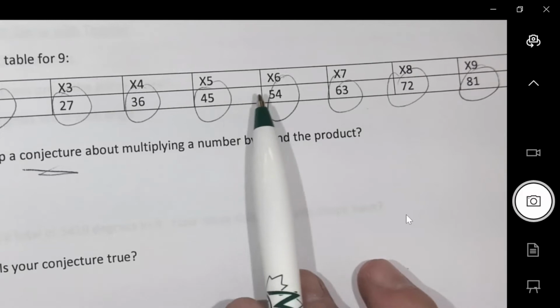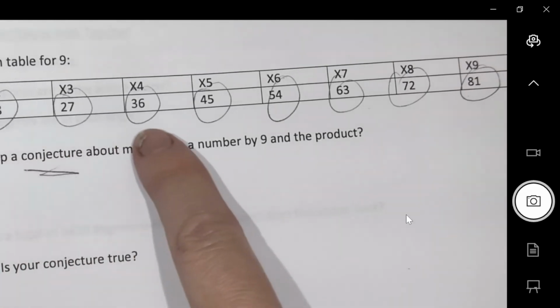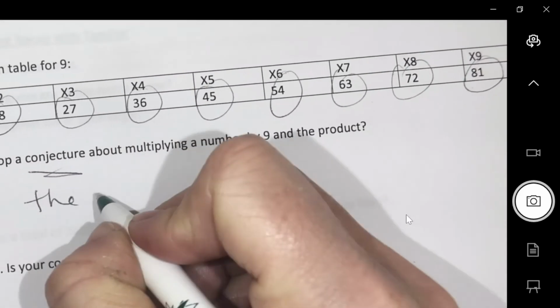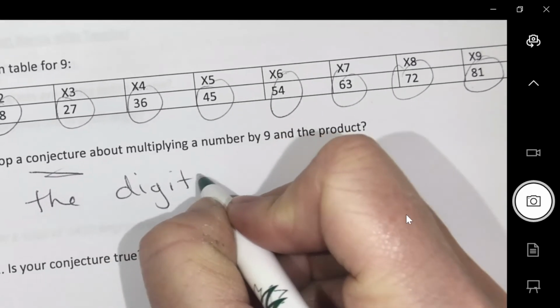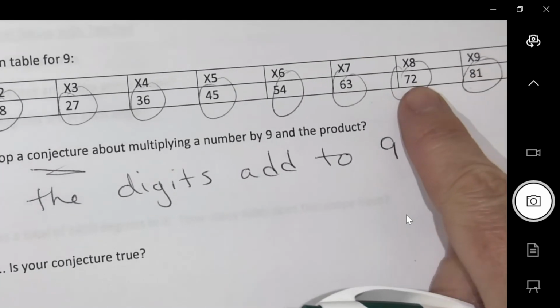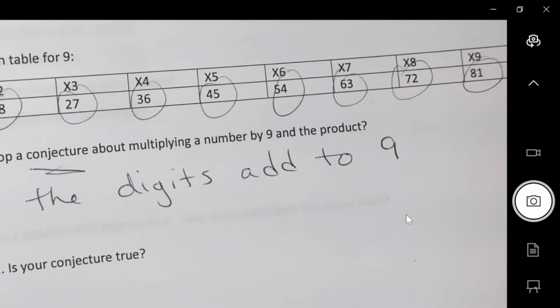What is going on consistently? Is there anything that's the same with all of those in a pattern? They all add up to 9. The digits add to 9. So for instance, 7 plus 2 is 9. 6 plus 3 is 9.